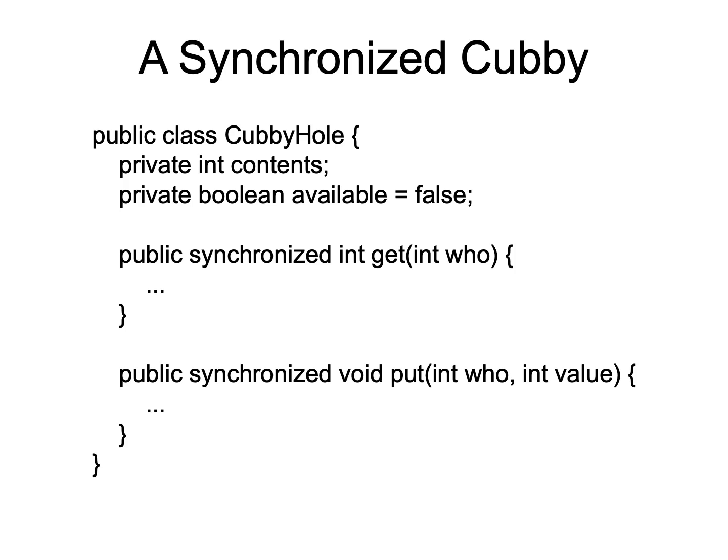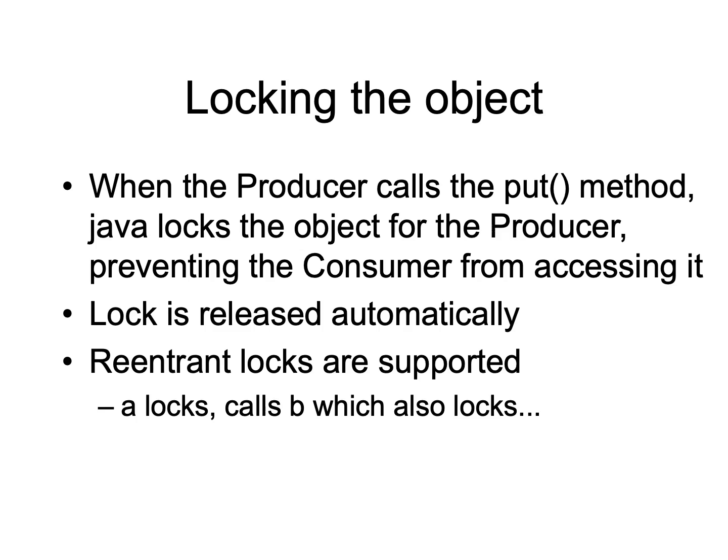So that's a really good start. Now when the producer calls the put method, Java locks the object for the producer, preventing the consumer from accessing it. As soon as the producer's call to put is finished, the lock is released, and Java supports reentrant locks. So A locks it and calls B, which also locks it, and it goes down that. So that's all supported again for free.